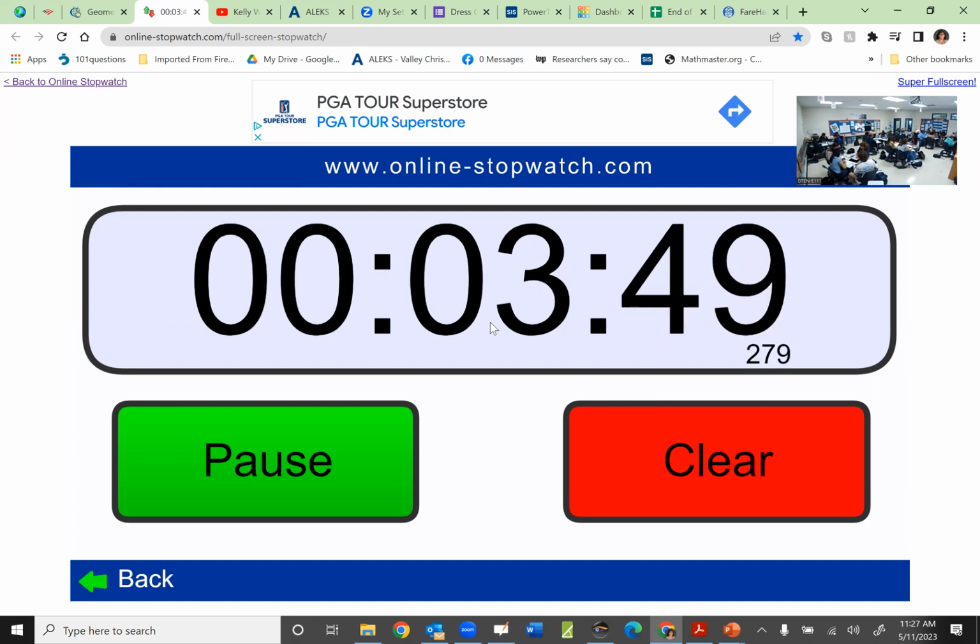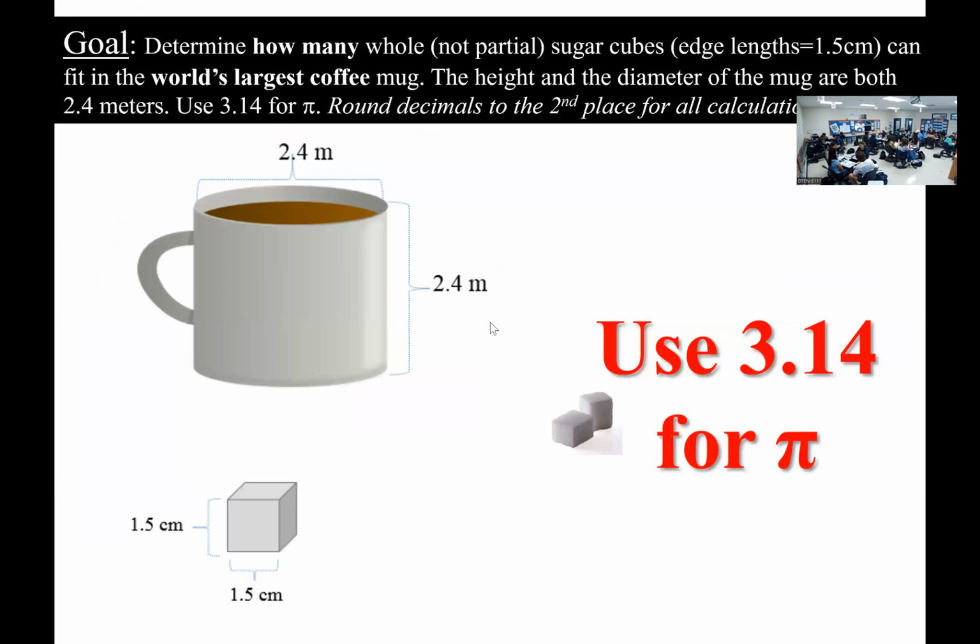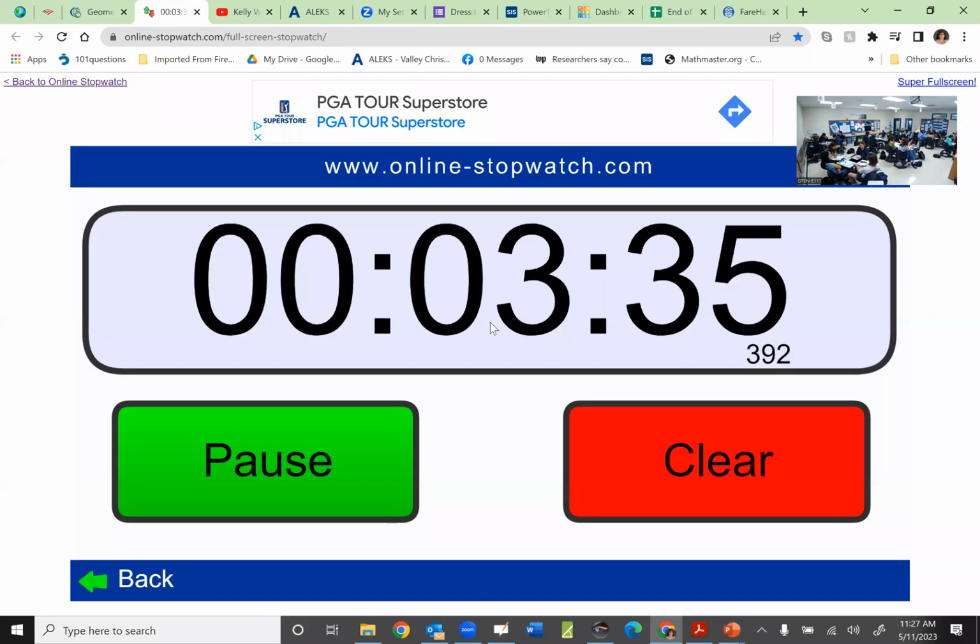I got 3.3. Watch time, Brent. So it's 10,000.